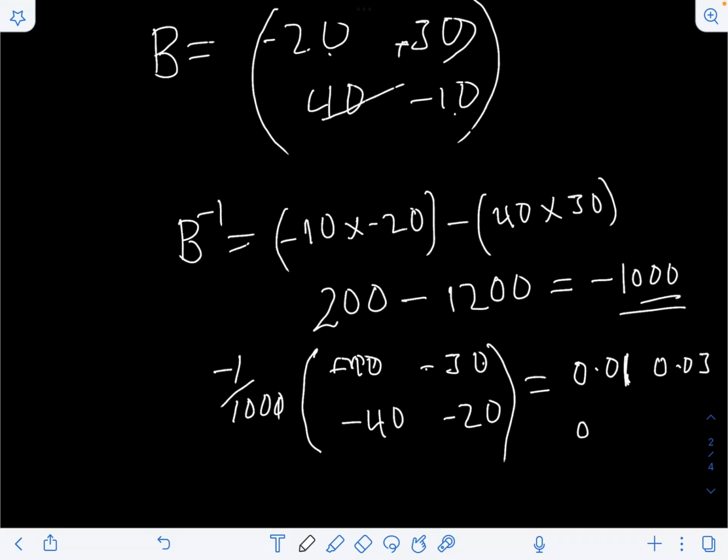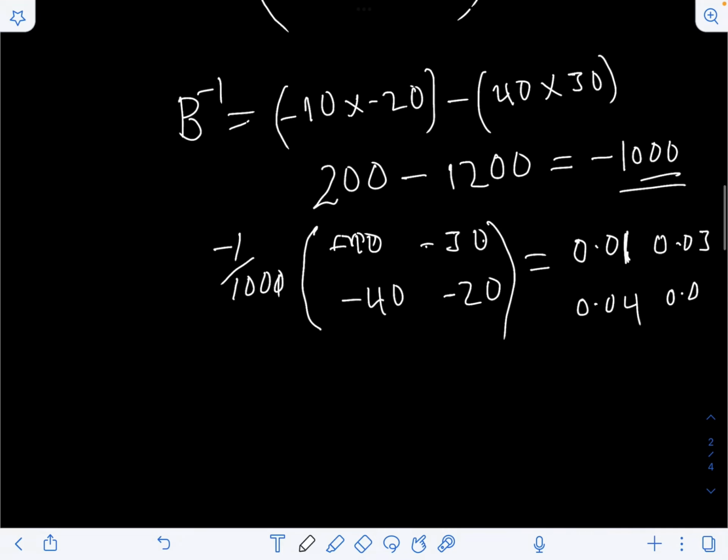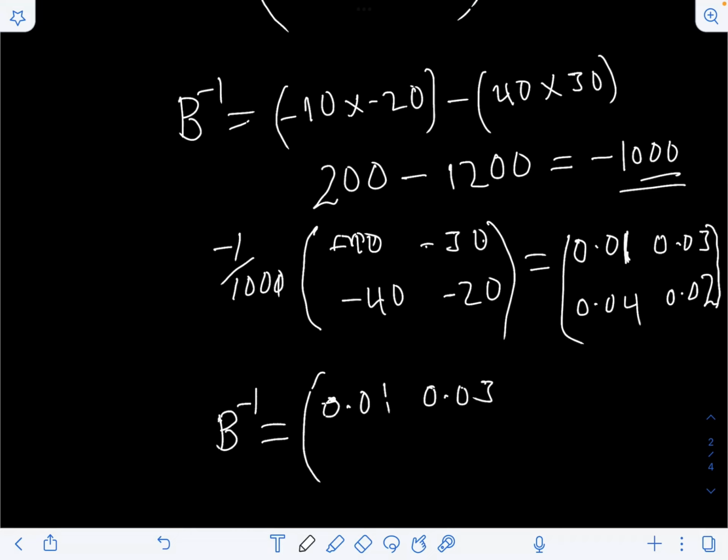Then this one is the same, 0.04. Then the last one is 0.02. Very good. So this is our final answer. So B inverse is 0.01, 0.03, 0.04, and 0.02.